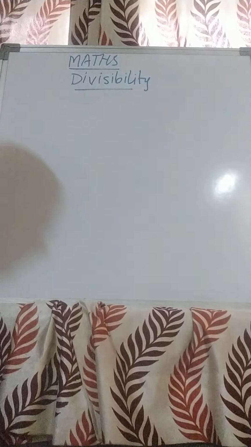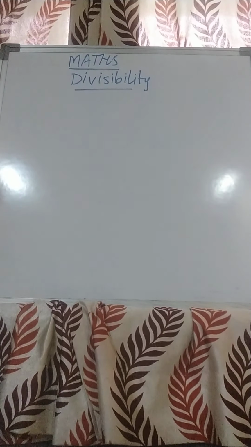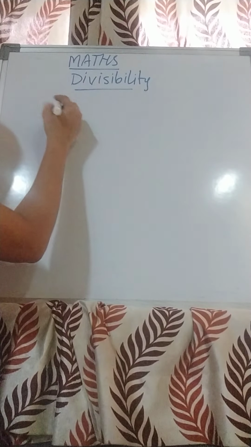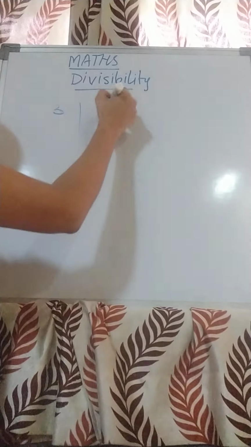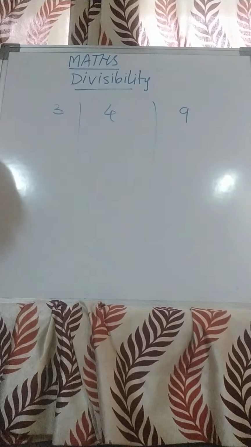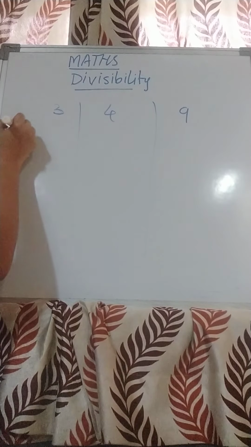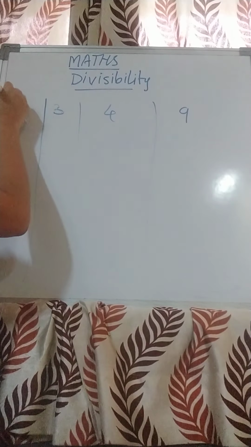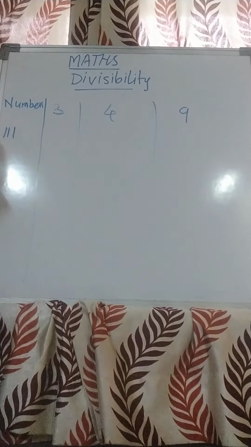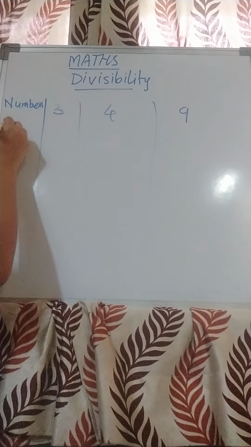Like our first question, see: 3, 4 and 9, right? Take the first number, that is 111. Make a column here for the numbers. Write all numbers here, like your first number is 111.